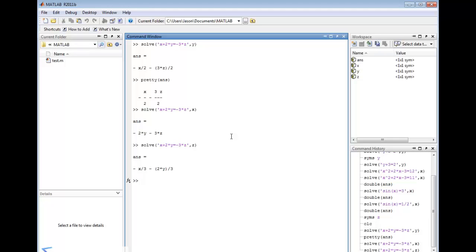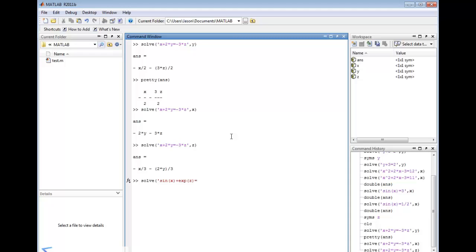So as one final example, let's say we're going to have solve of sine of x plus e to the power of z. That's what that is. And let's do plus 3 times y.